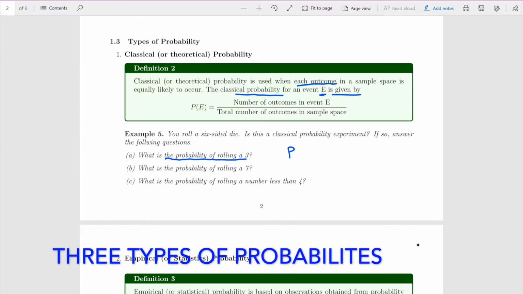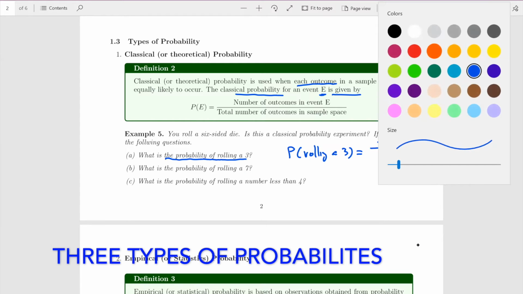And the probability of rolling a 3 is equal to 1, which is the number of outcomes in this event, divided by 6, which is the total possible outcomes.